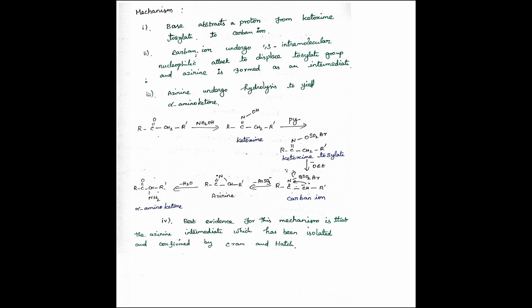It undergoes intramolecular rearrangement and gives the intermediate called azirine. Finally, the azirine undergoes hydrolysis and yields alpha amino ketone, which is our product in this rearrangement. The best evidence for this mechanism is the azirine intermediate, which was isolated and confirmed by the Cram and Hatch method.